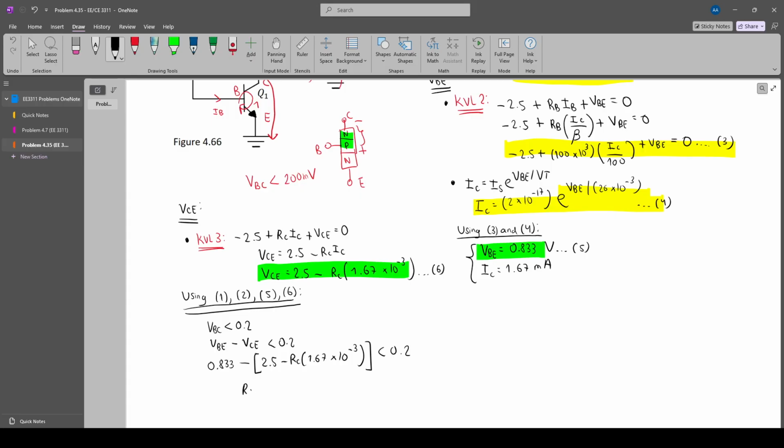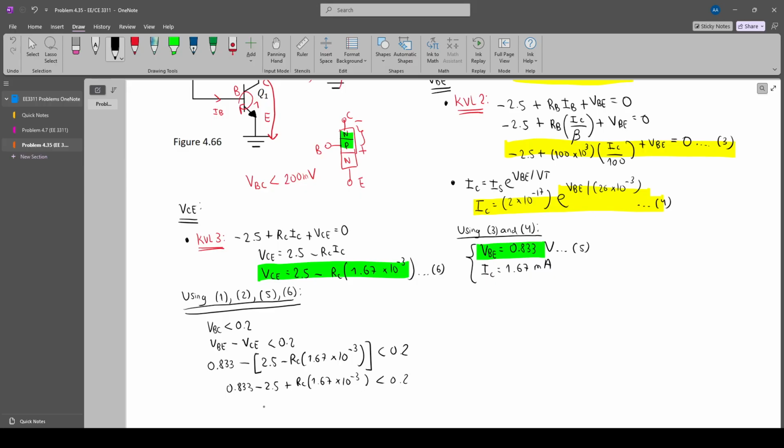So let's solve this. We can first say that 0.833 minus 2.5 plus RC times 1.67 times 10 to the power of minus 3 is less than 0.2.